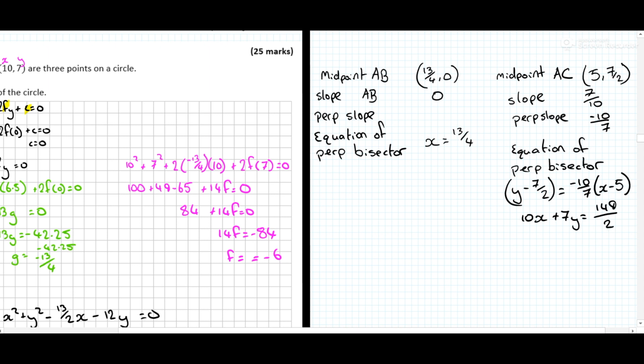And now we want to find where these two lines intersect. Okay. So how do we go about doing that? Well, we can just set x equal to 13 over 4 because we know it.